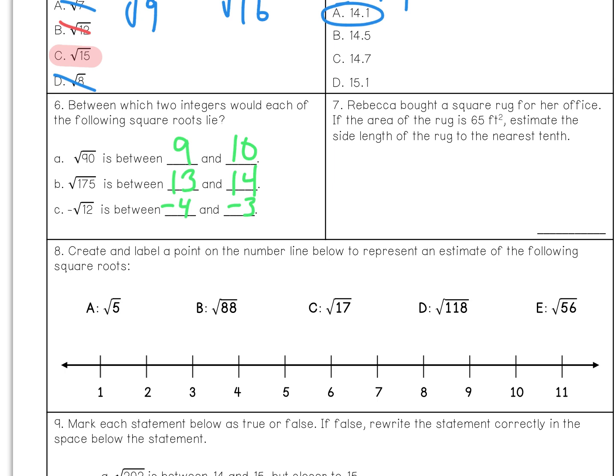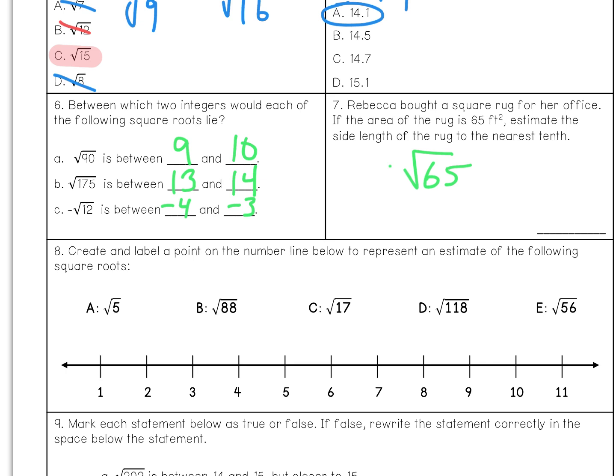Okay, anybody want to give a shot at number 7? Kobe, okay. You want to say the answer or tell me what I should do? What I did was I put 65 and then the two numbers that were closest to it. Okay.